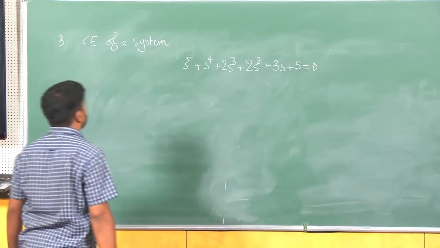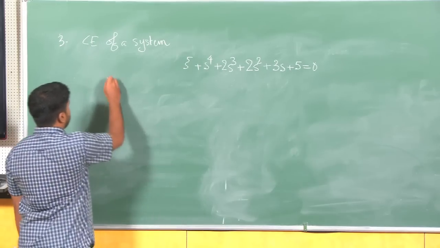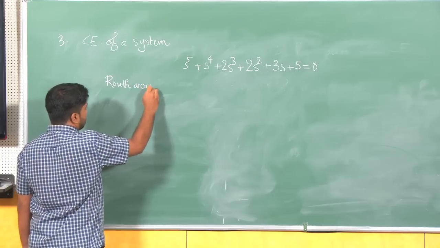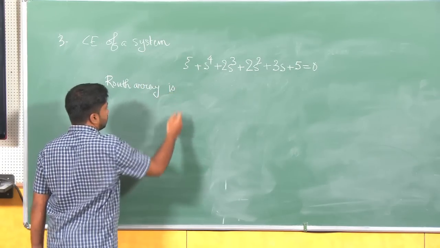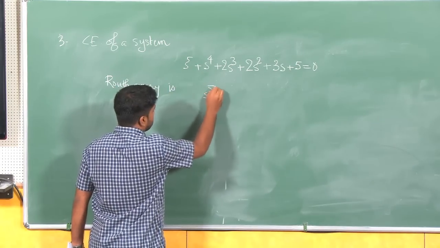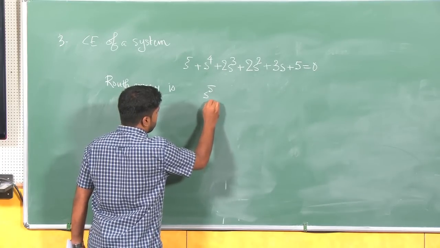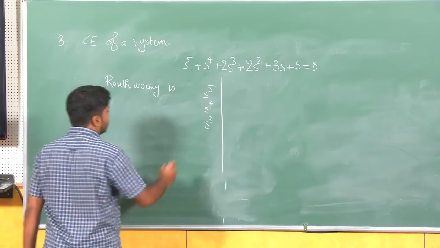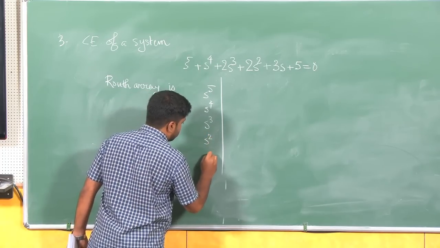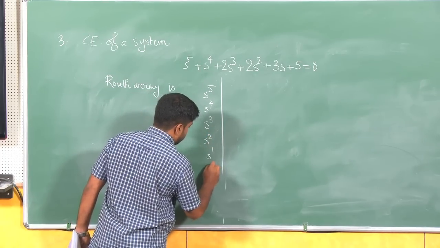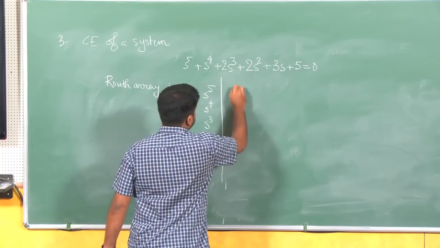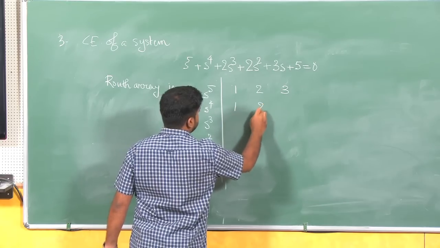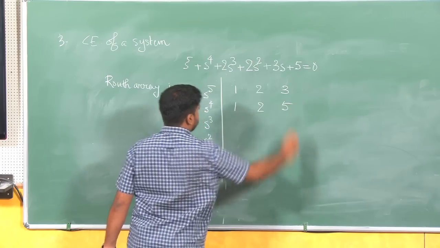Now, the Routh array is: first 1, then 2, then 3, and here 1, 2 and 5.